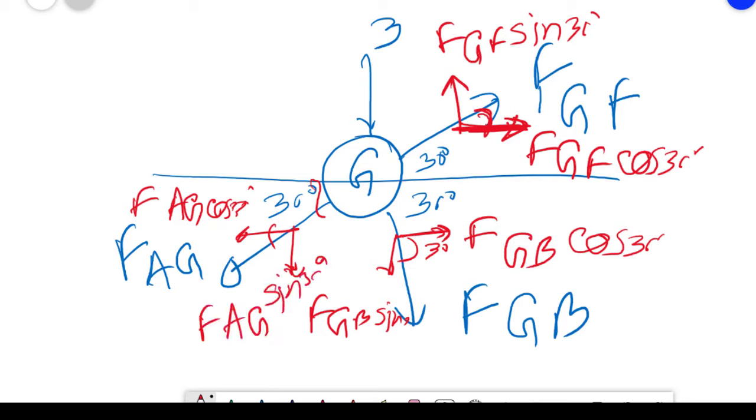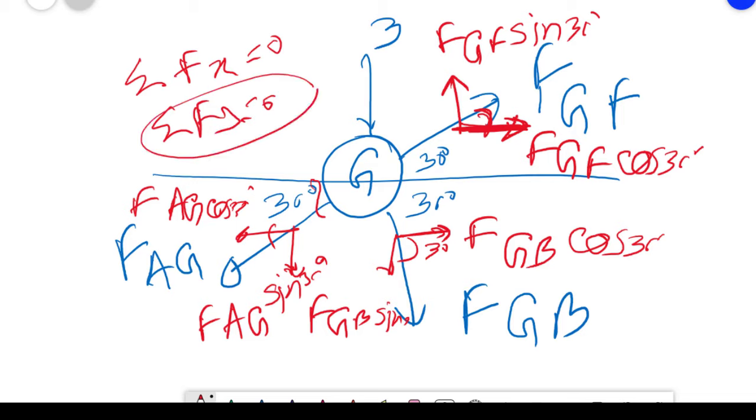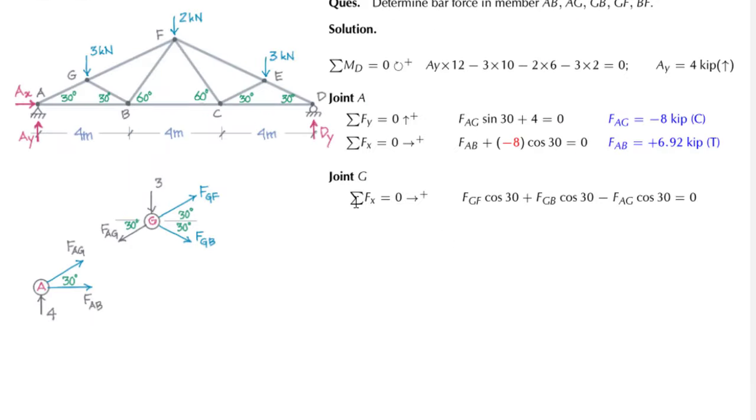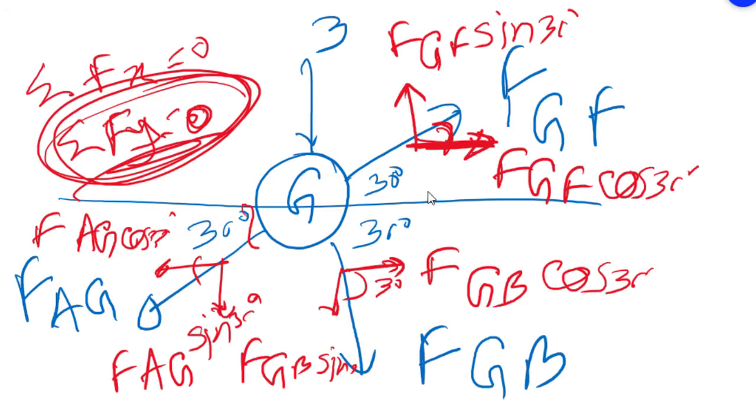Okay. Now your task is to take two formulas. One is summation of Fx equals 0 and summation of Fy equals 0. Let's calculate now. If you take summation of Fx equals 0, what will you get? FGF in the positive x-axis. So if you look at this, FGF, then FGB, and minus FAZ, everything is cos 30.